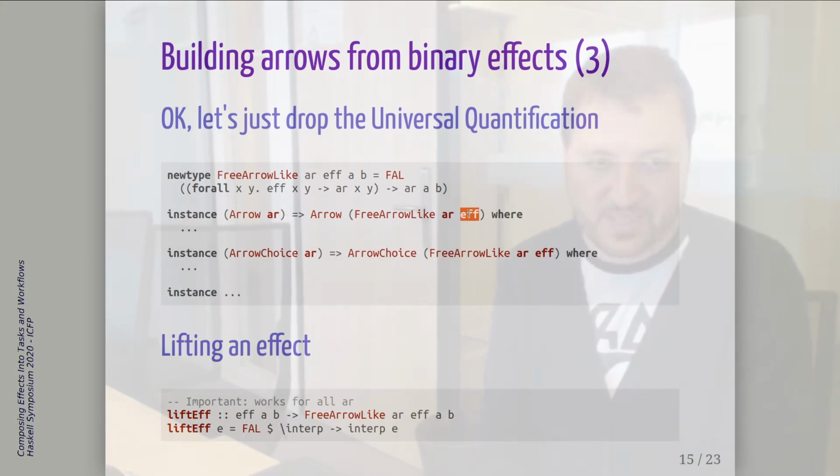And again, without placing any other constraints on the F type, on our abstract representation of our effect. And so lifting our effects places no constraint on R itself. Even if R is now exposed, we can lift any effect in our free arrow-like structure without placing any other requirement on R. So it remains completely polymorphic.